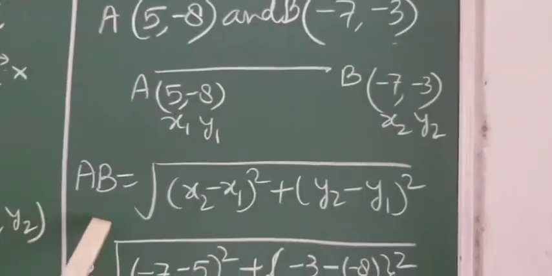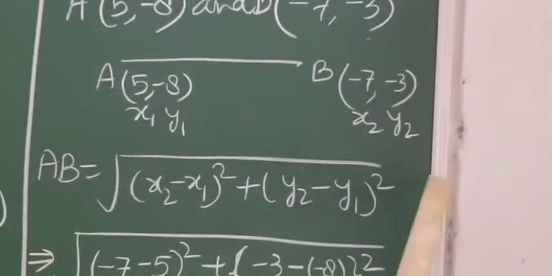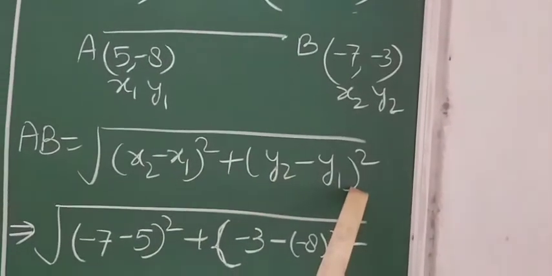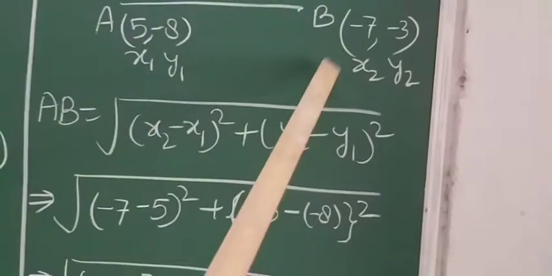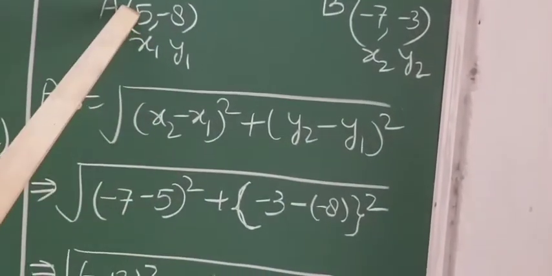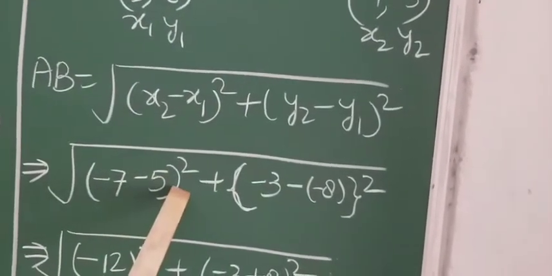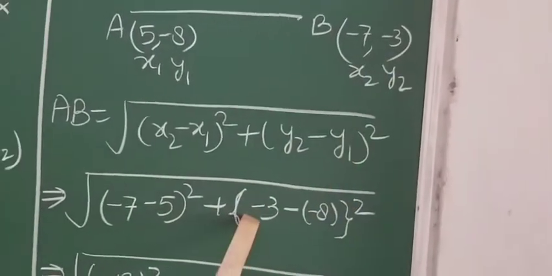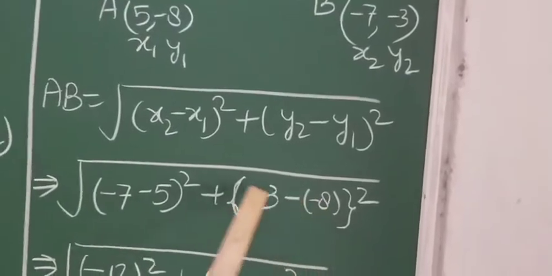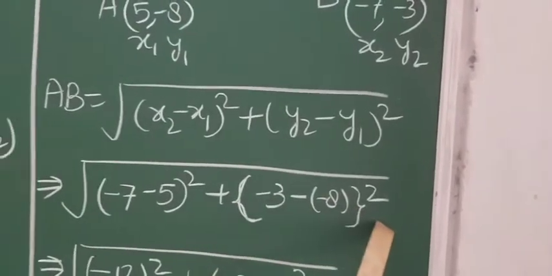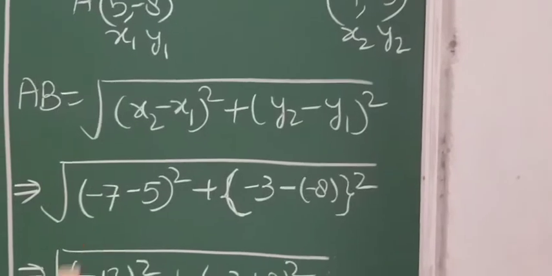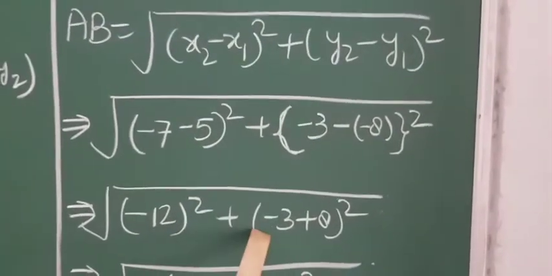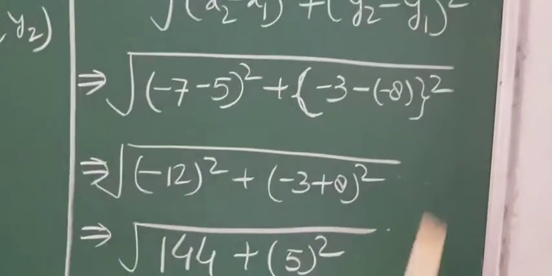Let us use the distance formula. AB equals root of x2 minus x1 whole square plus y2 minus y1 whole square. The value of x2 is minus 7, the value of x1 is 5, so it is minus 12 whole square, plus the value of y2 is minus 3, the value of y1 is minus 8, so minus 3 minus minus 8, that is minus 3 plus 8, whole square.